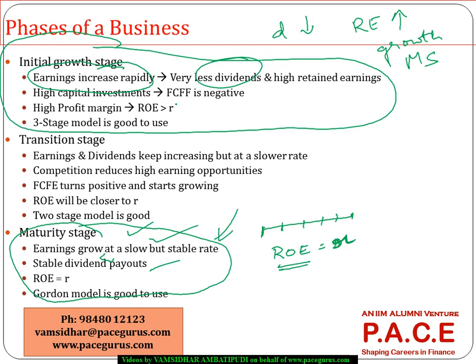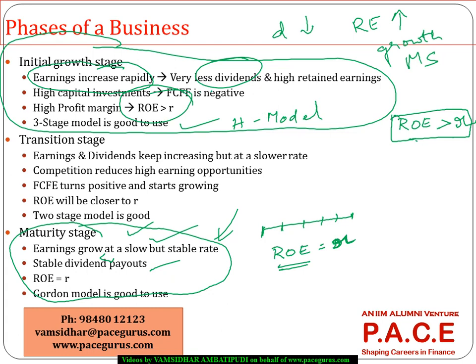It's better to use a 3-stage model or an H model rather than a Gordon growth model, because in this scenario we always see that the company's net income is very high, and the return on equity is generally much greater than the investors' expectations. Wherever we find this kind of scenario, it's better to go with a 3-stage model or an H model rather than directly applying a Gordon growth model.